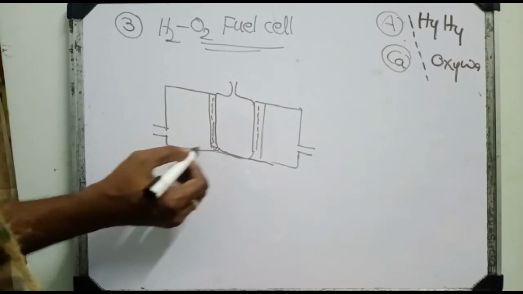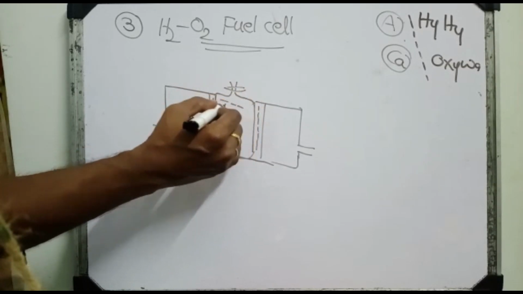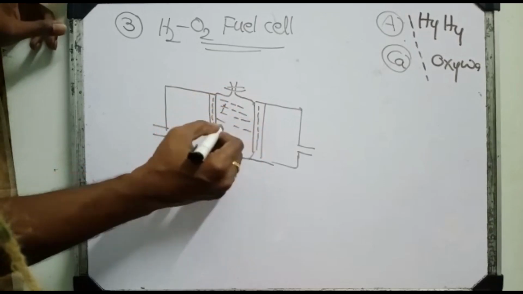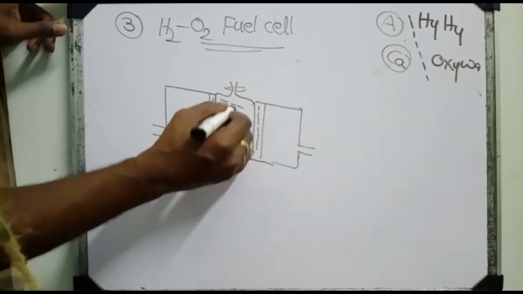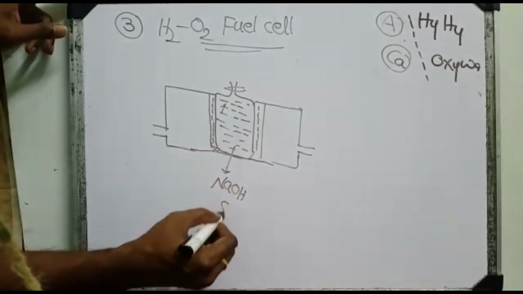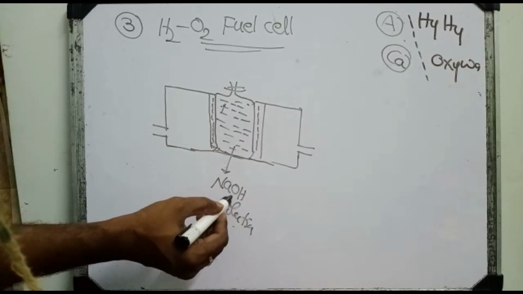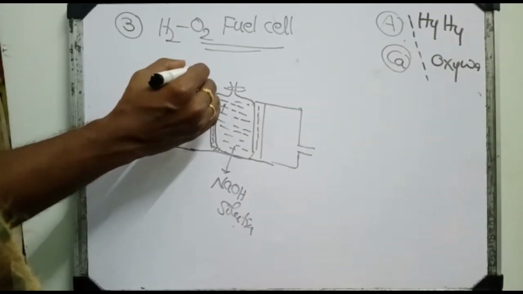This is a porous membrane. The middle chamber is filled with NaOH solution, or otherwise any KOH solution. OH minus is important for us.